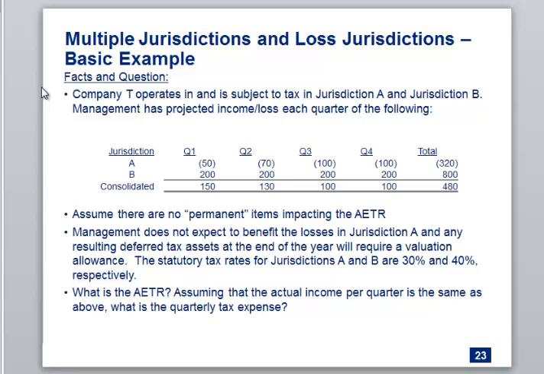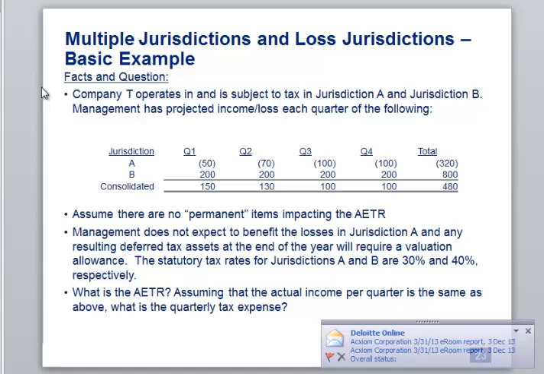So in this example, there are two jurisdictions. Jurisdiction A is a loser. Jurisdiction B makes money. In jurisdiction A, they lose money every quarter, and for the year they expect a loss of $320. Jurisdiction B is profitable every quarter and expects a profit of $800.